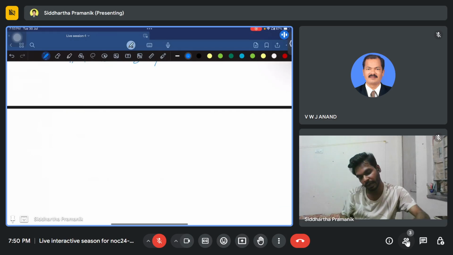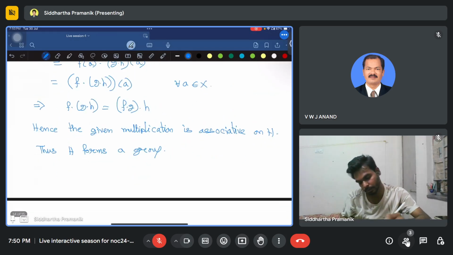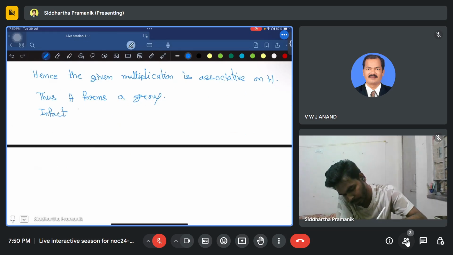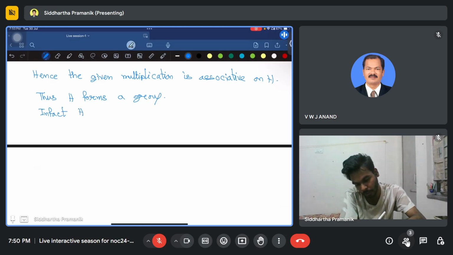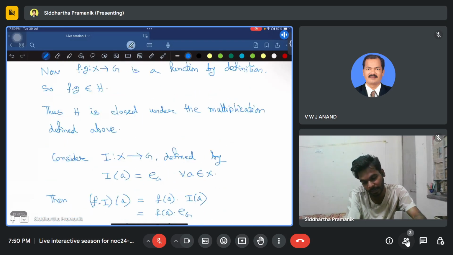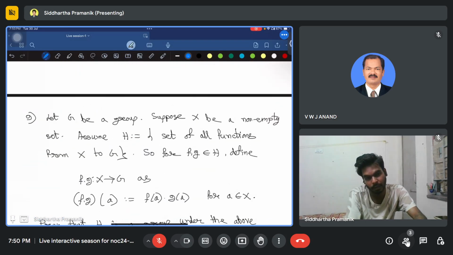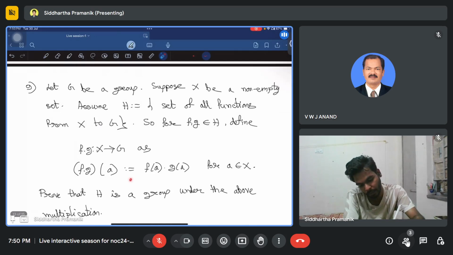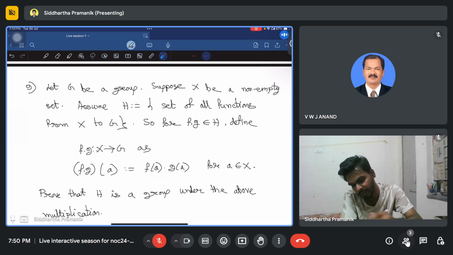So, in fact, this is an abelian group. So, let me write it also. In fact, H, okay, sorry, this group need not be abelian. This is abelian if and only if the original group G is abelian, because we have defined this product operation using the operation of G. So I will put that as a remark.